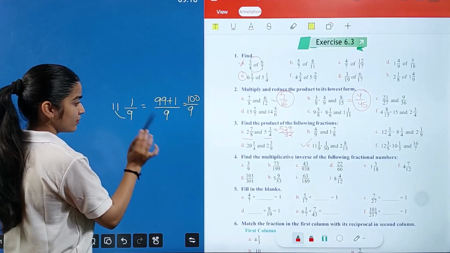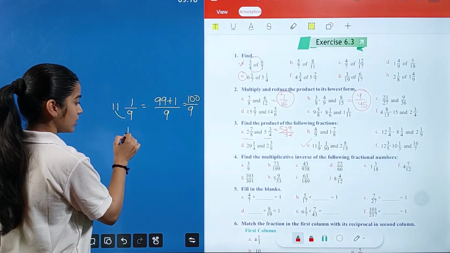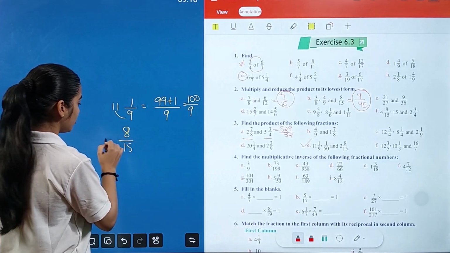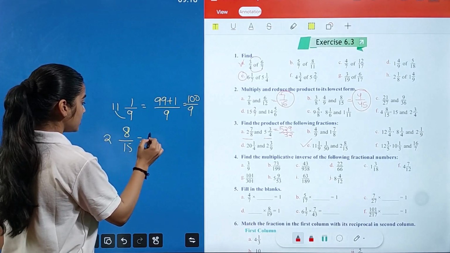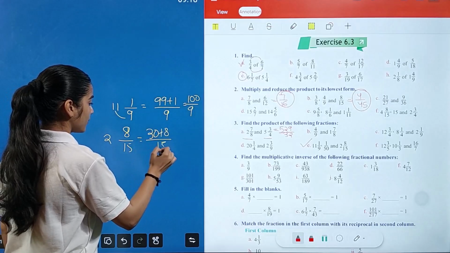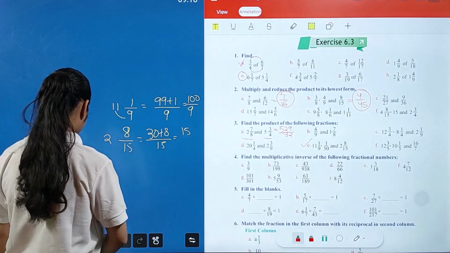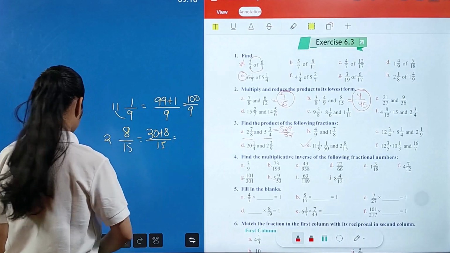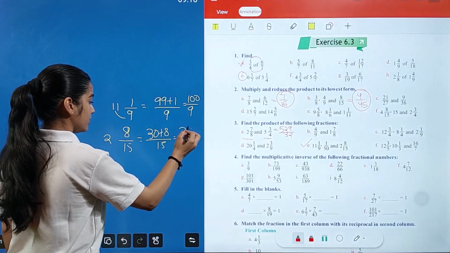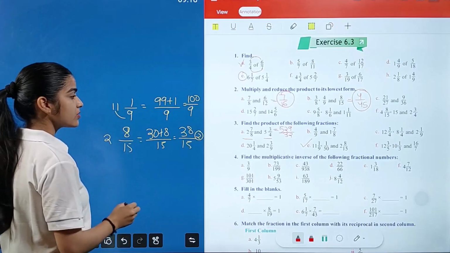Then 1 upon 50 you have as an improper fraction. 8 by 15 and 2. 15 2s are 30. 30 plus 8 is 38 upon 15. This is your second fraction. Now you just have to multiply these three fractions together.